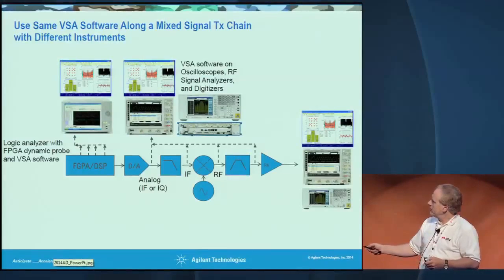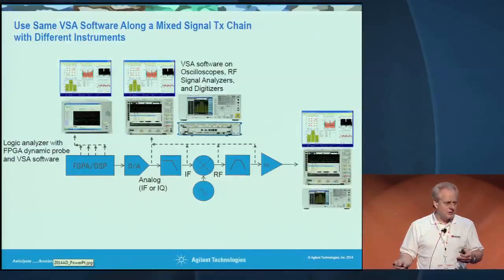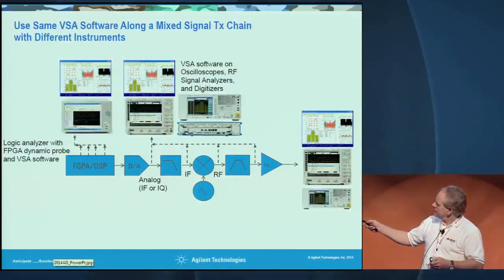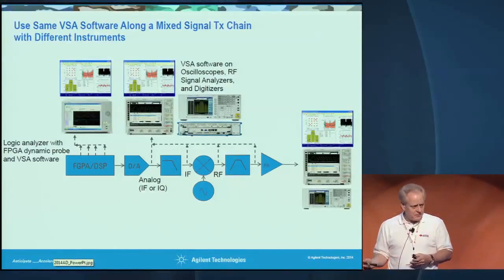And even before you do any of this simulation, you can use the VSA software from a spectrum analyzer. You can actually use that inside a logic analyzer or a scope or in the simulation software. So by using the same measurement technique, the same filtering, the same kind of algorithms at every place in the chain, you do apples to apples measurements and you eliminate some of the errors. It makes the troubleshooting easier.